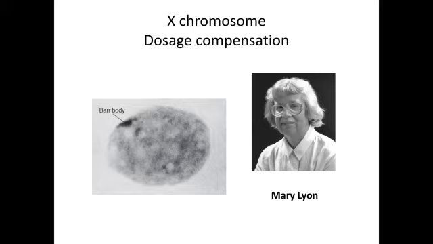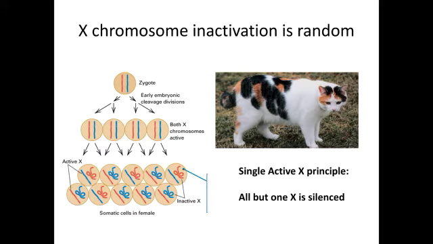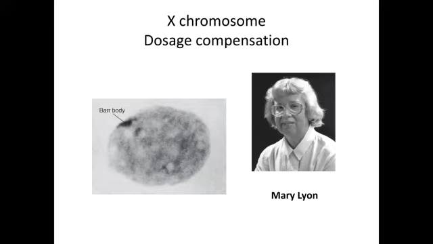It wasn't known what that was when it was first described, but then Mary Lyon made the realization that that is an X chromosome, and the function of the Barr body is to properly maintain the dose difference between males and females. So let's talk about what's going on.